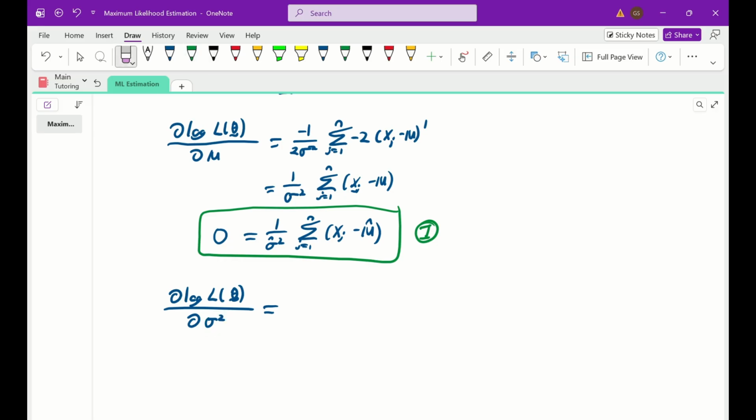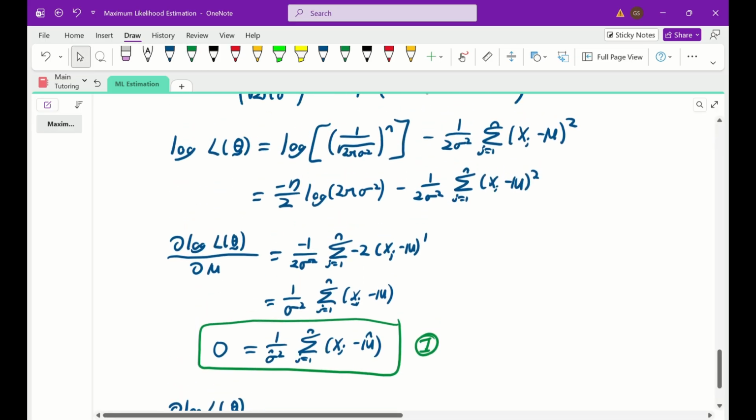It's much easier to derive with respect to sigma squared as opposed to deriving with respect to sigma. At the end of the day, it doesn't make a big difference, but the maths does turn out a little bit cleaner if you do it this way. But it's important to understand conceptually. So we're just treating sigma squared as a single block. Just imagine that this is just one symbol.